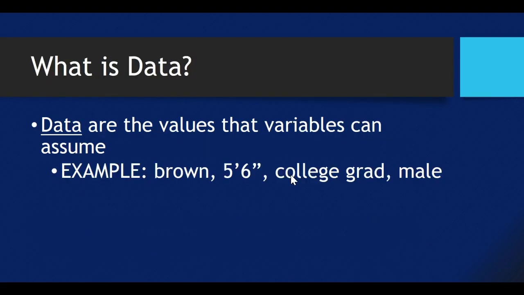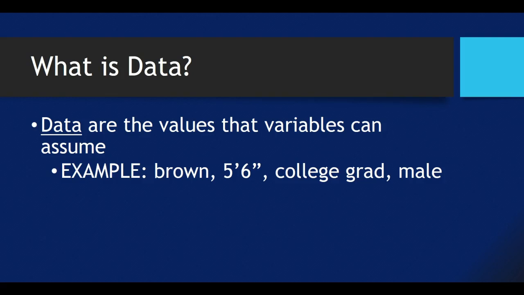So anyways, the next thing we talk about after variables, it makes sense to talk about data. Now, data are the actual values that variables can assume. So like I was saying before, height is a variable. 5'6" is a piece of data. It's one data point, and we'll get to that next slide. Or hair color is the variable.